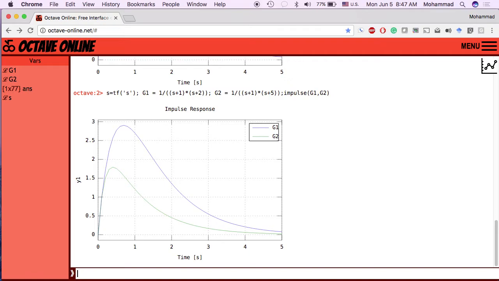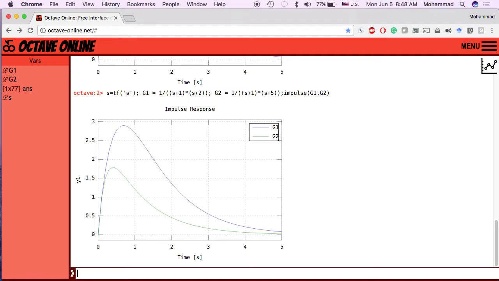Okay? So that brings us to the concept of dominant poles. By now we know poles define the transient response. I think we agree that the poles of a transfer function define the transient nature of the response. But the question becomes this: with one pole, we are very comfortable. With a first order system and one pole, we can quickly say this system has a pole here, therefore the speed is this.